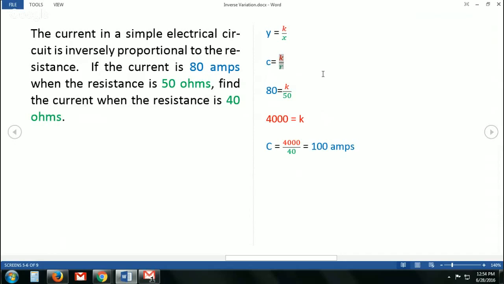How we know how to set this equation up, it tells us the current, that's C, that's our equals, and inversely proportional means we need the fraction with the resistance. So k over R. Let's look at a final example.